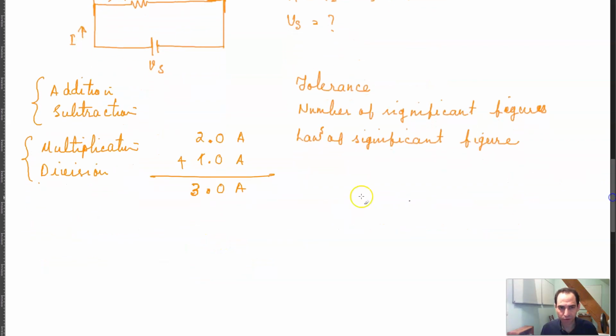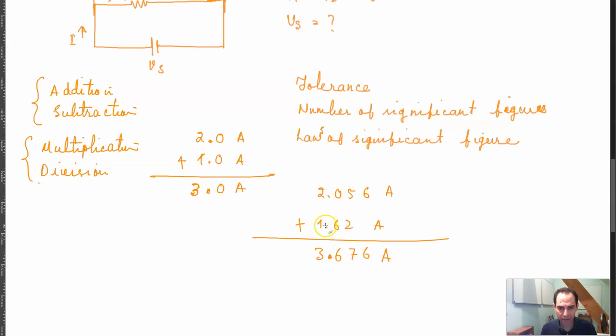For example, suppose that I have a current of 2.056 amps, and another current of 1.62 amps, and I want to add these two together. That would be a 6, 5 plus 2 is 7, and 3.676 amps.